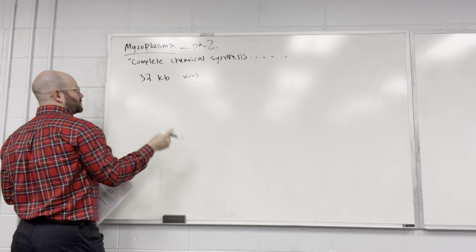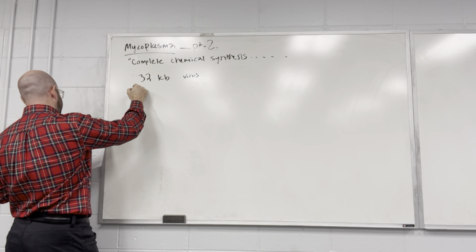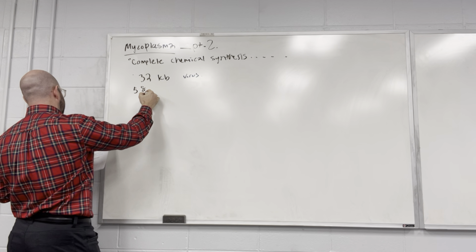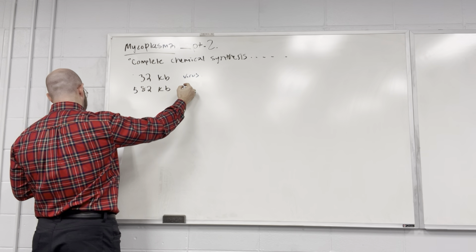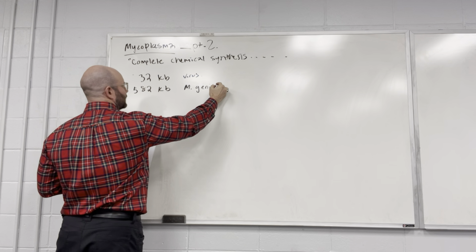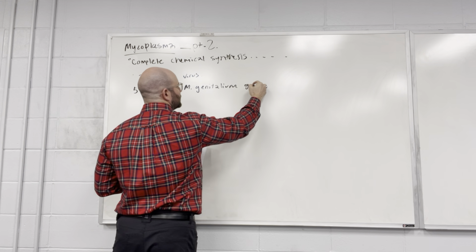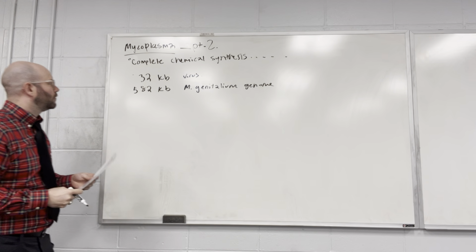And so in this paper, they broke that record by a factor of greater than 10. It was 582 kb of the Mycoplasma genitalium genome. So they broke a synthetic genome record.